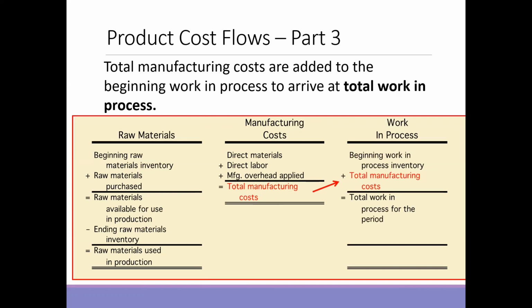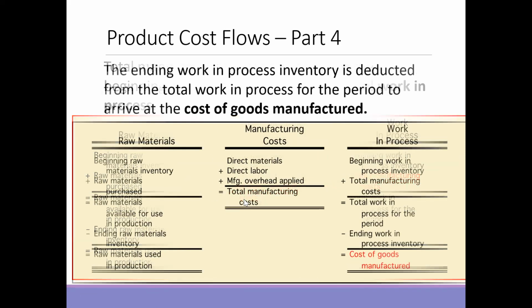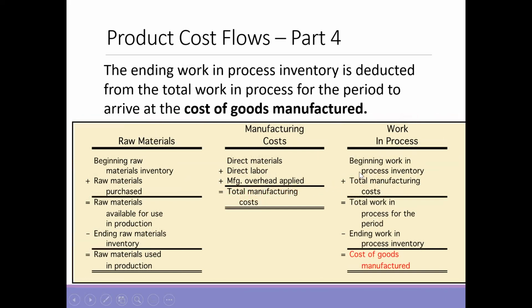Okay, so you've got whatever was happening when you started the month, there's a work in process balance. You add all these to that work in process balance to show what's going on during the period. But then you have an ending work in process number. Well, the difference between what's happened during the period and the ending work in process number is basically what goods got manufactured. They're done. They're not in work in process anymore. They're out.